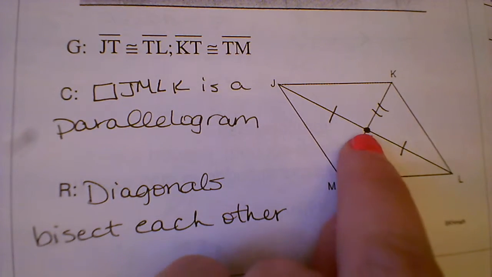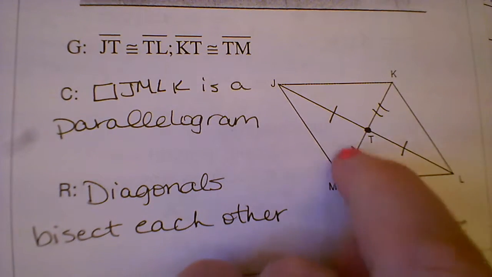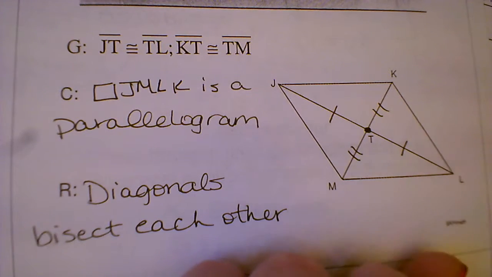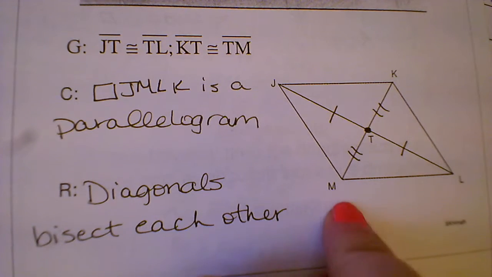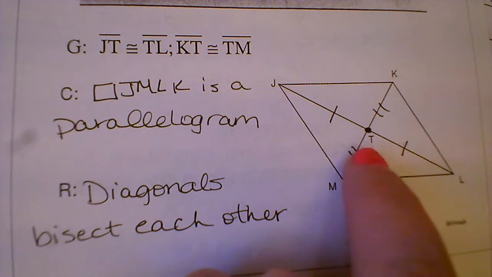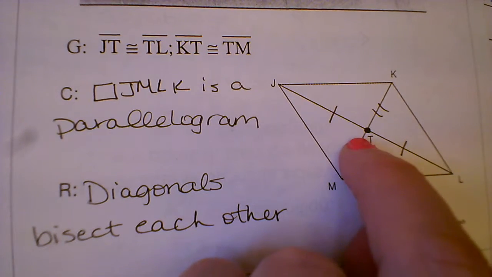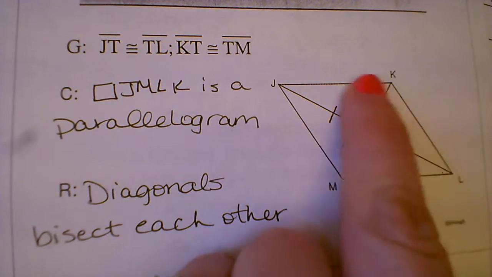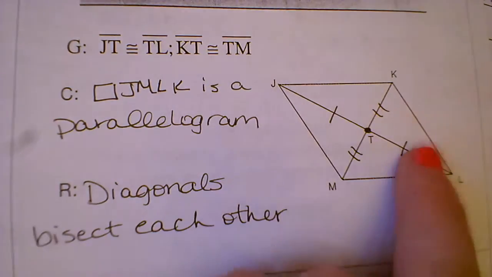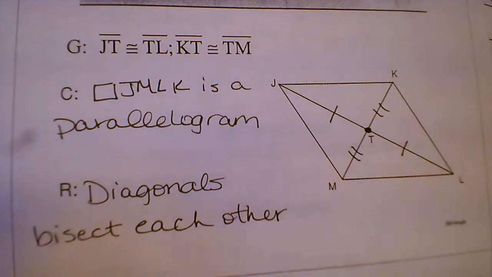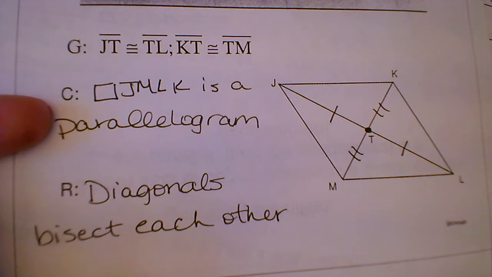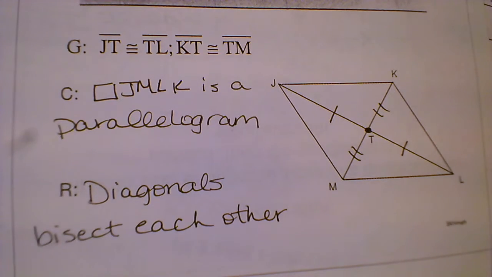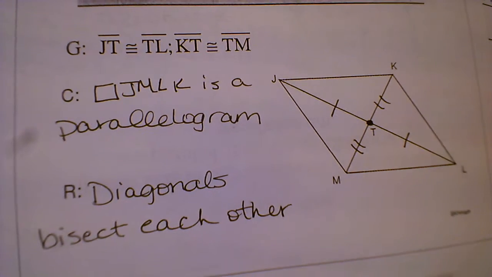Well, it must also be the midpoint of KM because it has equal parts on both sides of T on that diagonal. So because of that, because we now know it's the midpoint, we know the diagonals have bisected each other. They've cut each other in half. And so that's how we know it's a parallelogram, is based on that property that diagonals bisect one another.